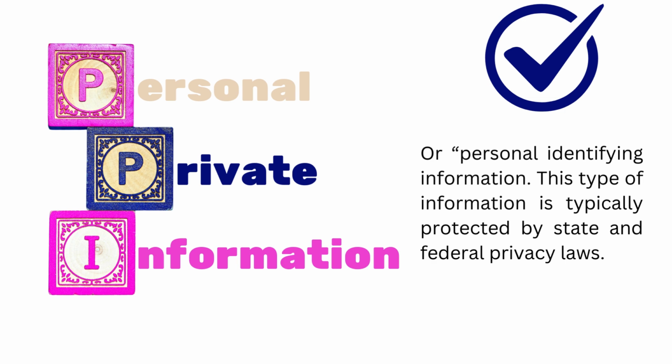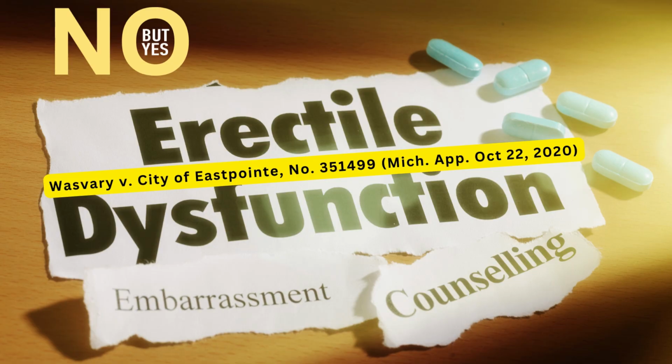Personal private information, yes, typically protected by state and federal privacy laws. Examples of PPI would be a social security number, birth date, credit card information, health information, just for example. Information that is embarrassing or of a harassing nature.